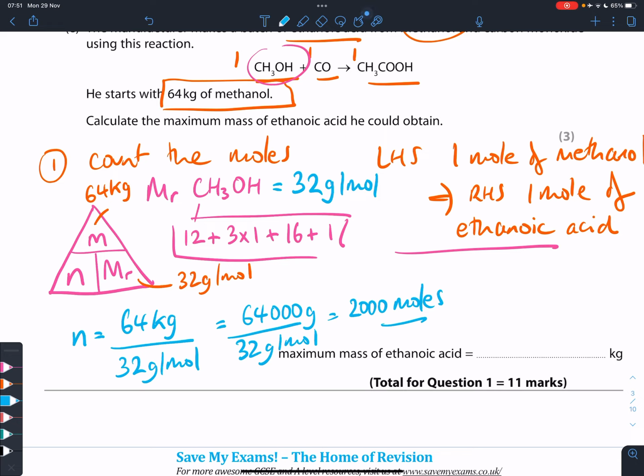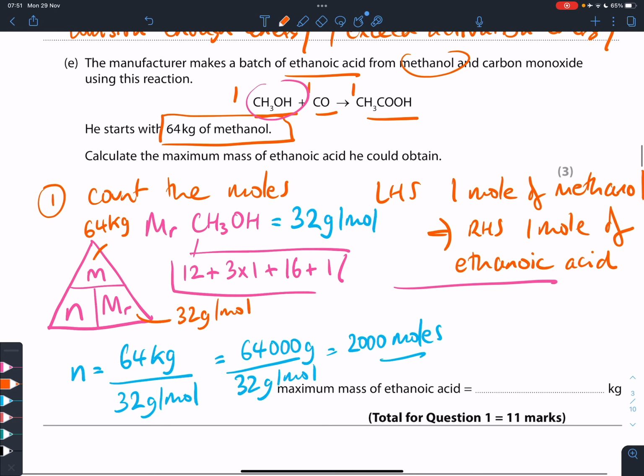So then we've got to use the triangle again. Let's draw it out again up here. And in this triangle, what we're actually trying to work out is the mass.